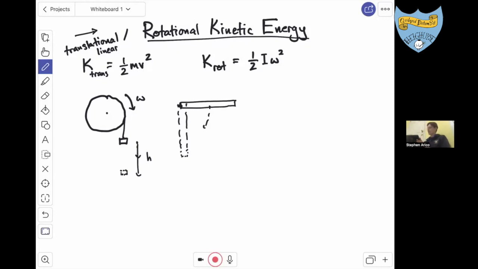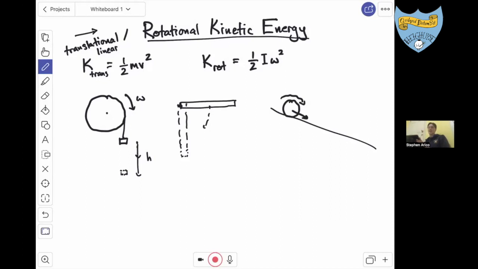And then the third kind of problem is for something which is rolling downhill. Since it's rolling, it has translational kinetic energy because it's moving, and also rotational kinetic energy because it's rolling.